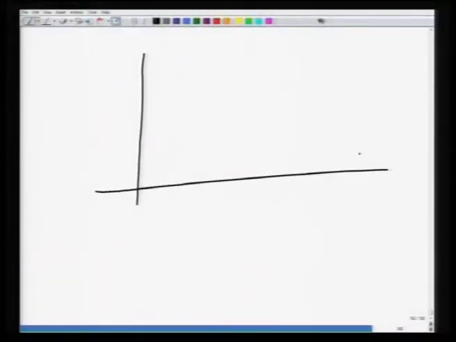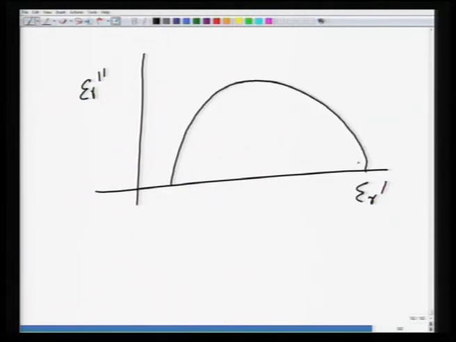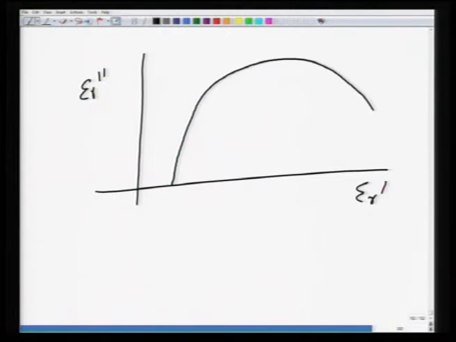So what they found was, if a material behaves like a perfect material, then for the dielectric response, if you plot the imaginary part versus the real part, it should represent a perfect semicircle. It does not look perfect here, so let me try to draw it as perfect as possible.